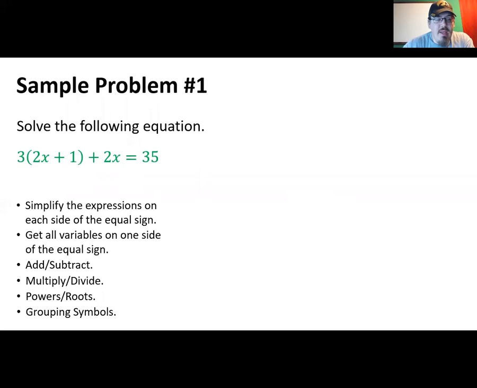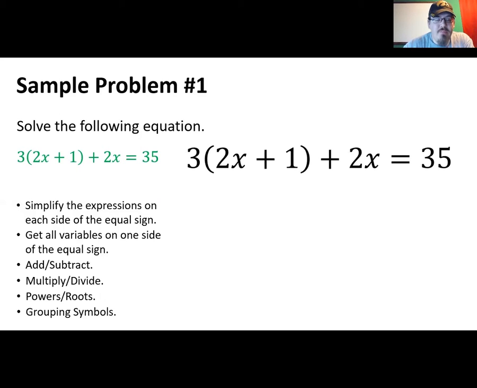Just as a quick reminder, here are the steps that we follow as we work to get the x by itself. Again, if there's anything that doesn't apply in a step, we just skip over it and continue working our way down the list. So with that, let's go ahead and rewrite our problem. Now, the first step that we didn't have to do in the earlier videos is the whole simplifying process.